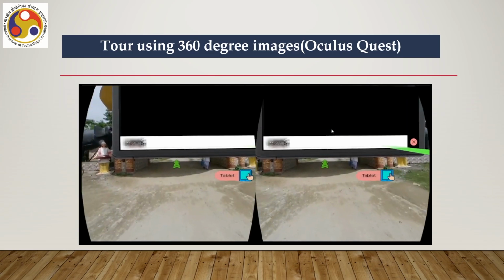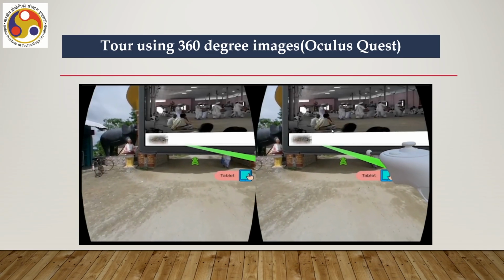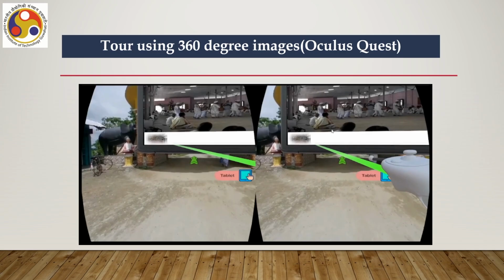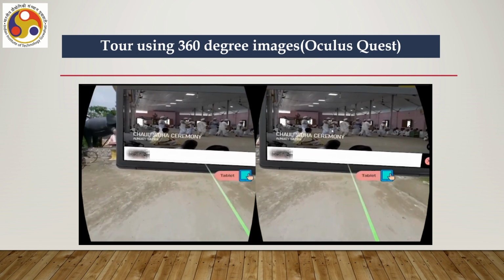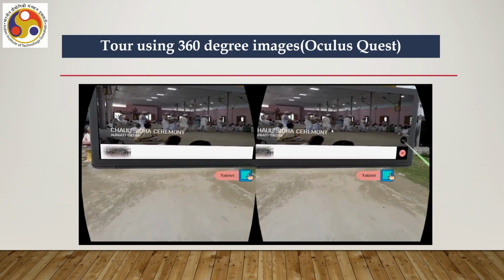Once the user enters a location, this place appears, where using the arrow keys the user can move forward, backward, and also you can see the icons meant for information. Plus, at a place there is a notification if there are some cultural videos to be experienced, and that gets played on the tablet interface, as we have discussed before.